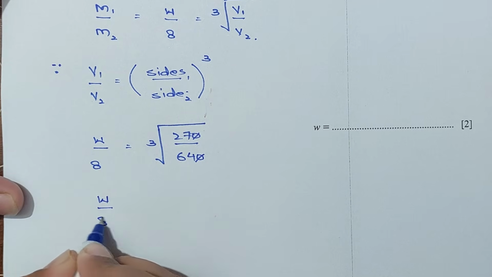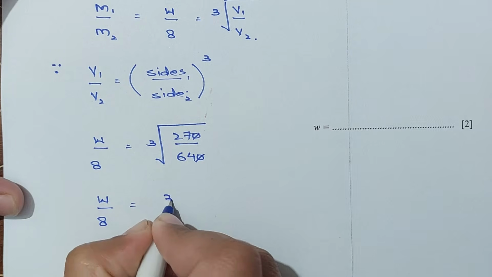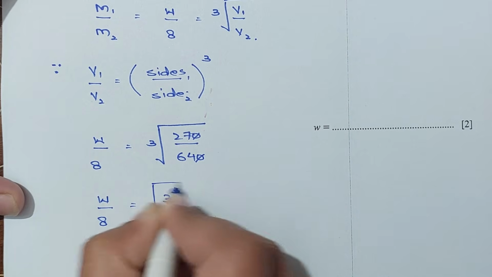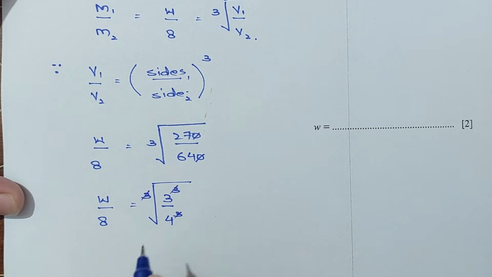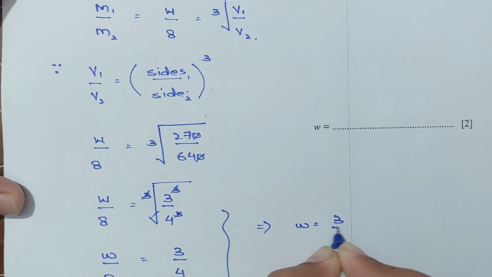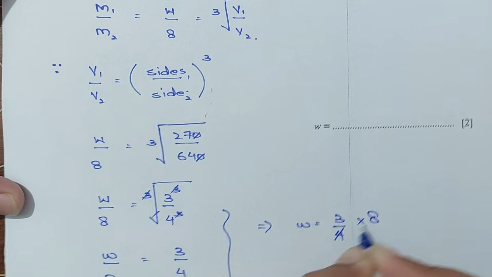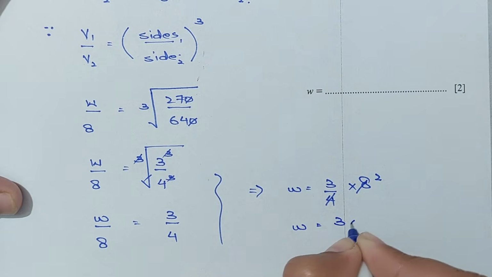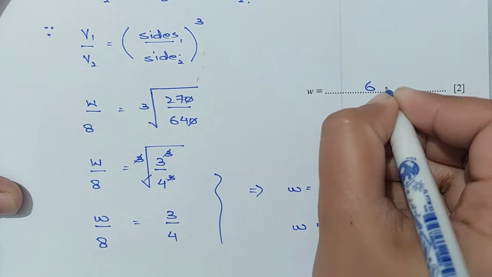W over 8. 27 is the cube of 3 and 64 is the cube of 4 and the cube root as well. So cube and the cube root, we can easily cancel it out. So W over 8 is equal to 3 by 4. And from here we can say W would be equal to 3 by 4 times 8. 4 times 2 is 8. And W would be equal to 3 times 2, that is equal to 6 centimeter.